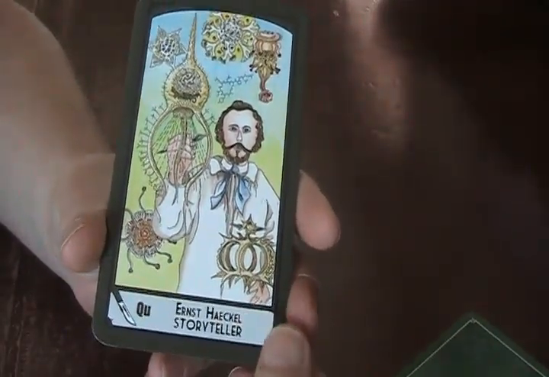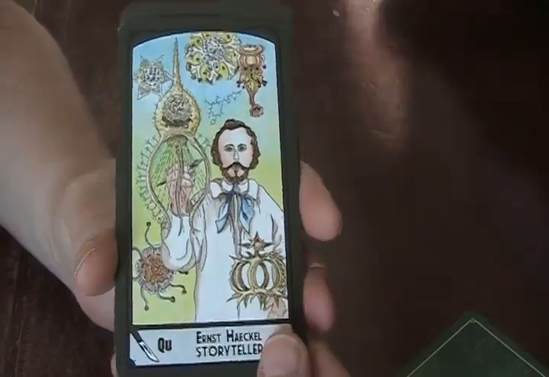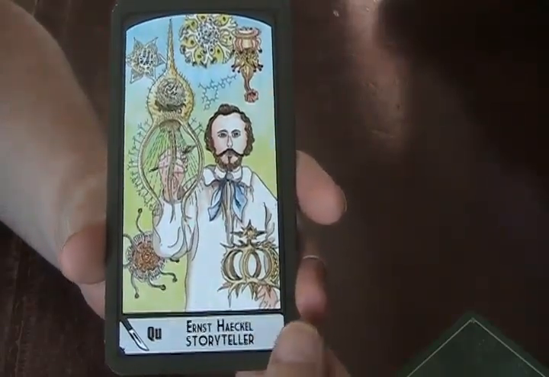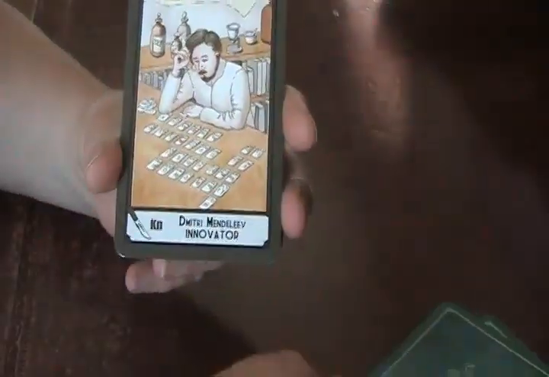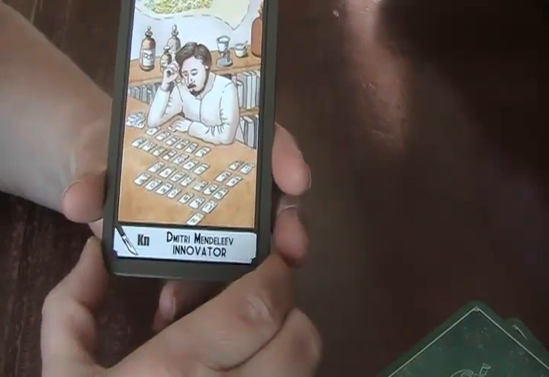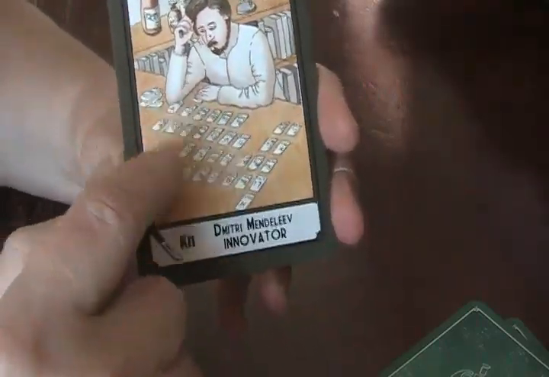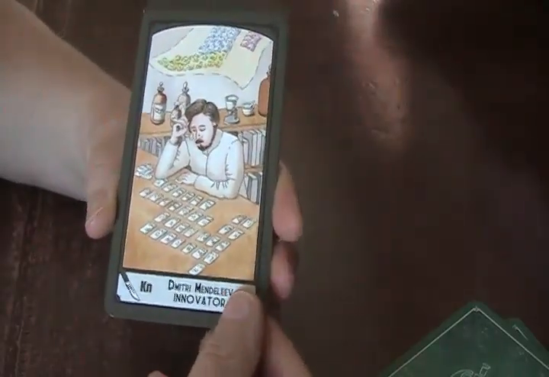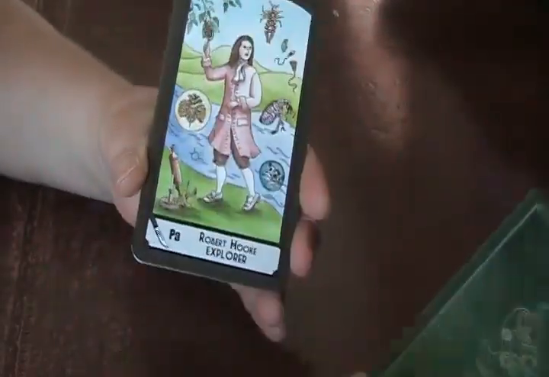Ernst Haeckel. Dmitri Mendeleev, and he's got a layout of some periodic table elements, and he's the one that created the periodic table, I think.